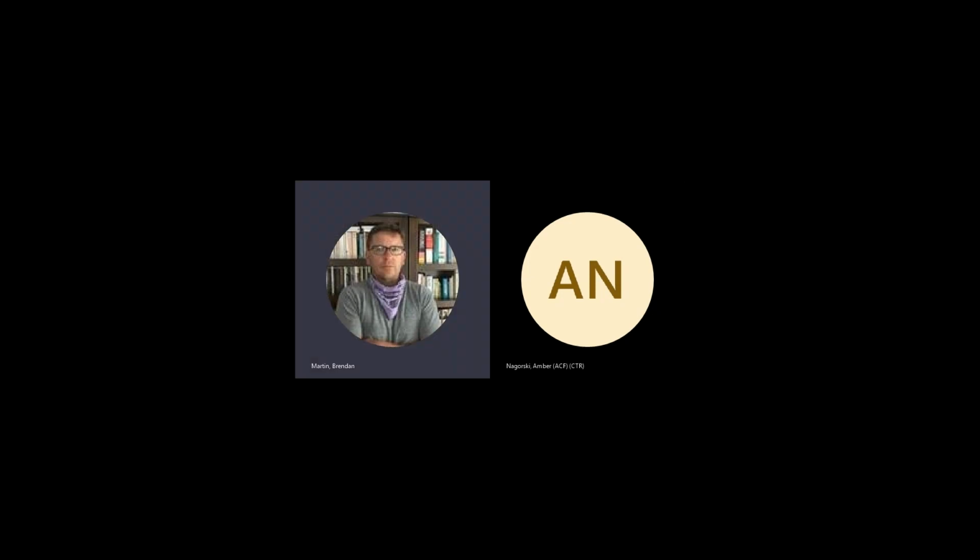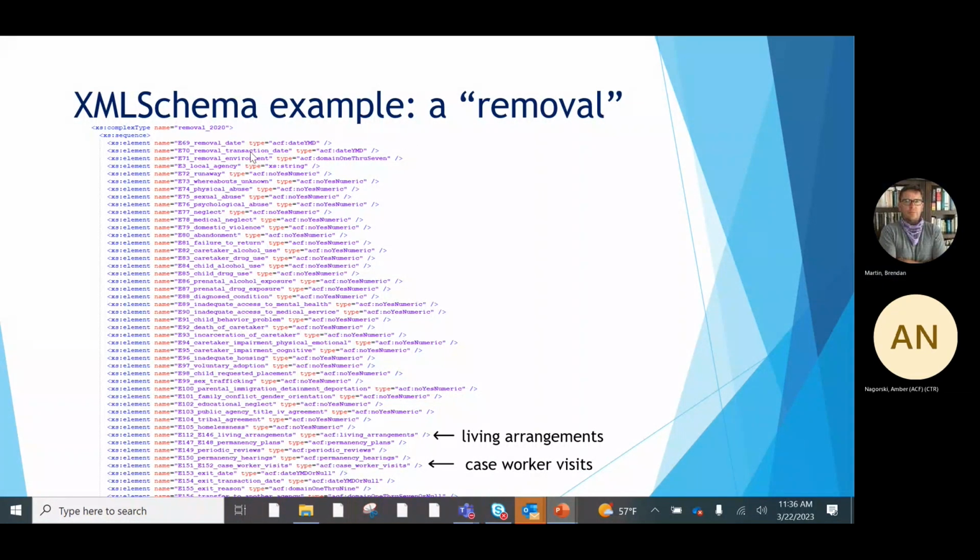Okay, you're probably already familiar with the removal episode. Again, this is showing you that the removal episode has many, many children. And among those children are complex elements that themselves have children. So living arrangements, for example, down here, hopefully you can see the screen. You can see there's an element that has this crazy name, E112, E146 living arrangements, and we tried to name these in a meaningful way to indicate that you've got an element that spans all these other elements.